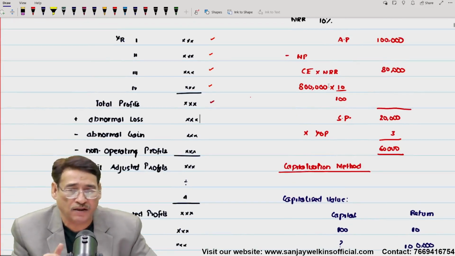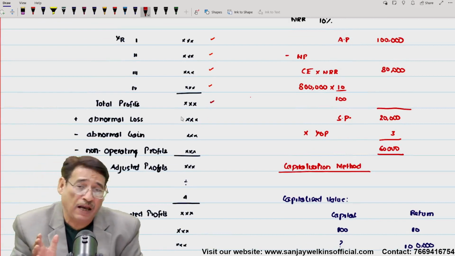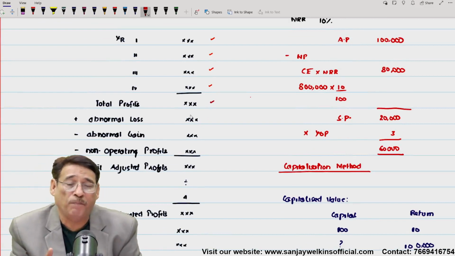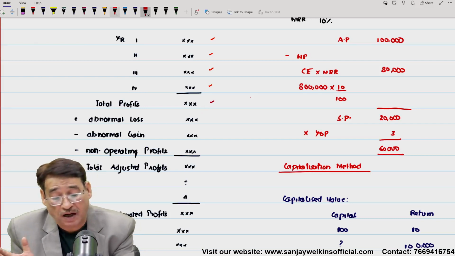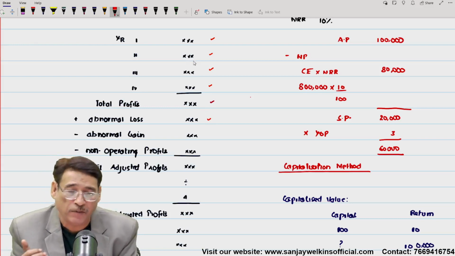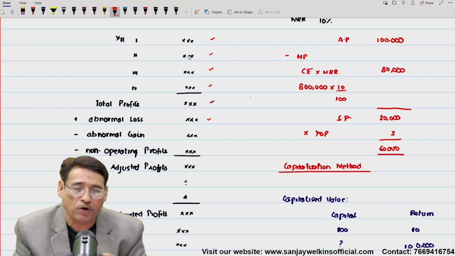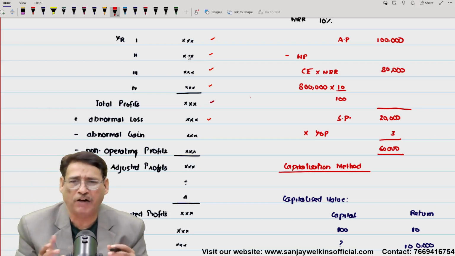After this, under the second step, generally any abnormal loss which might have taken place, correct? Those abnormal losses are added back. This is very important. For example, the selling party may tell the purchasing party that this year's profits are quite low because we have had an abnormal loss. And we know what an abnormal loss is.